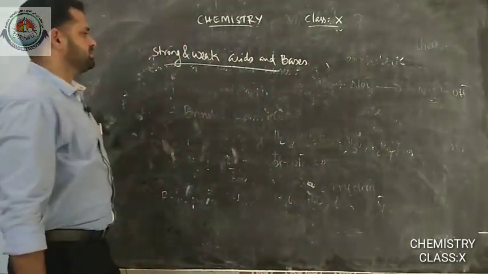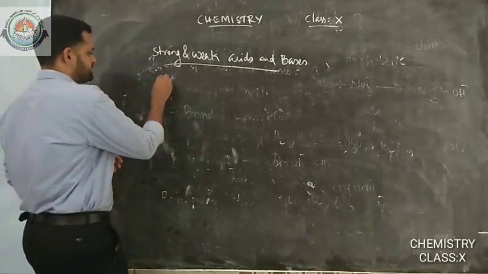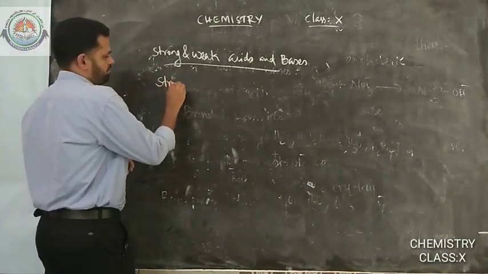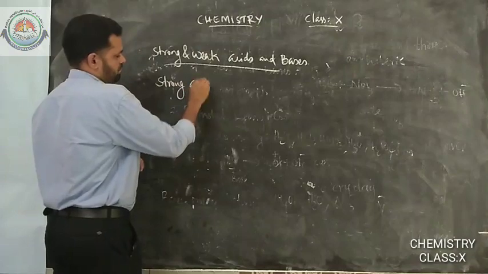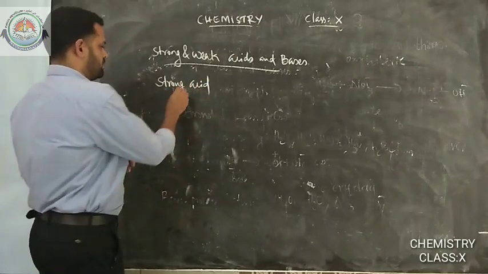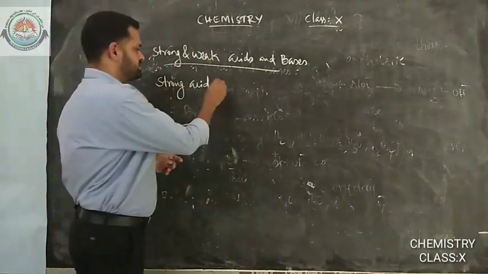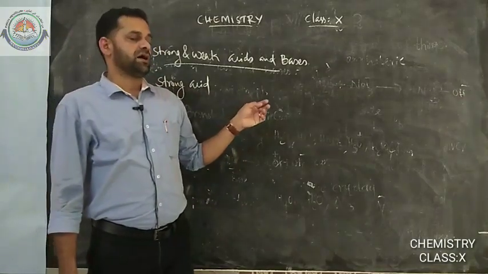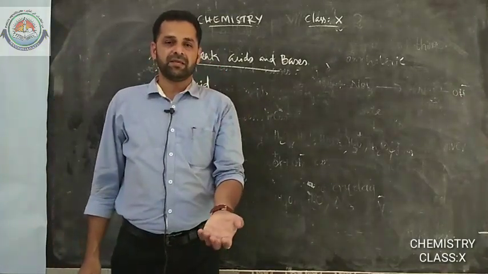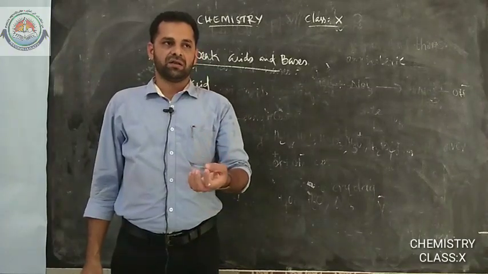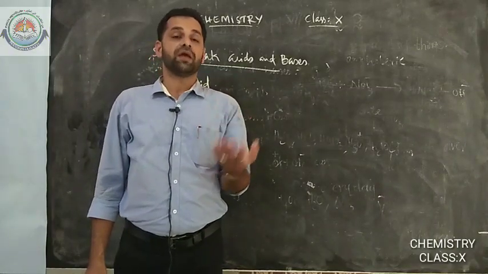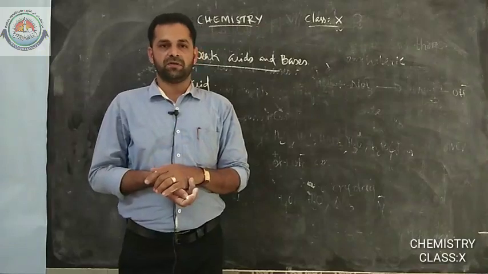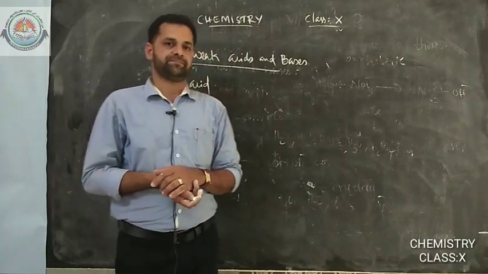What do you mean by strong acid? Strong acid means an acid that ionizes completely in water and produces more amount of H plus ion, that is called a strong acid.